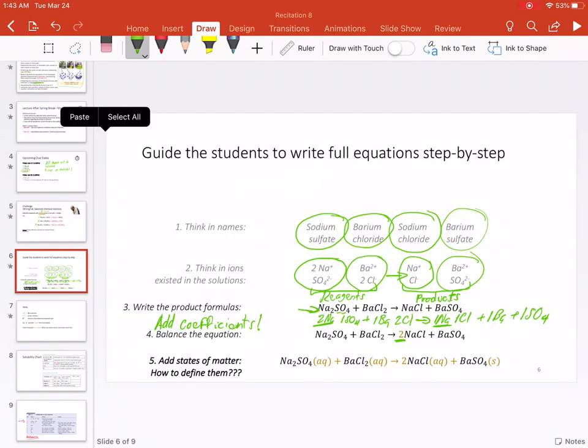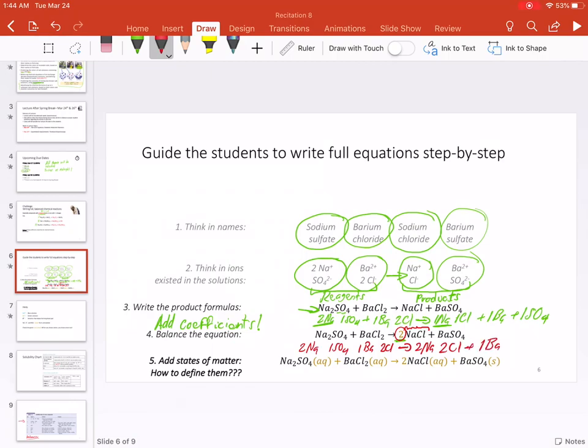Now, if you take a look after I add that number 2, now I have, let's go with red. Let me just erase this. Now I have 2 sodiums, 1 sulfate, 1 barium, 2 chlorines, passing to form 2 sodiums, 2 chlorines. Remember that this coefficient is going to apply to the whole molecule.